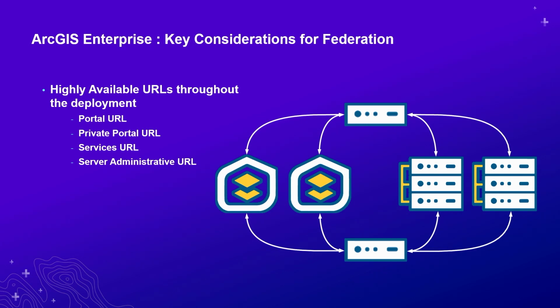Oftentimes you'll see these configured against two separate load balancers. For example, one load balancer to handle the traffic for clients, but then an internal load balancer for the traffic through the private portal URL or the server administrative URL.